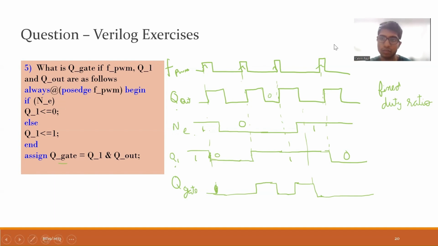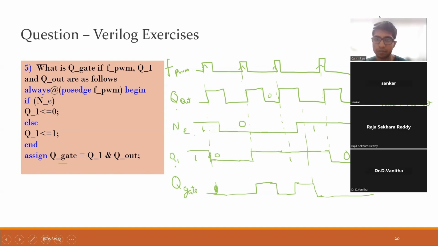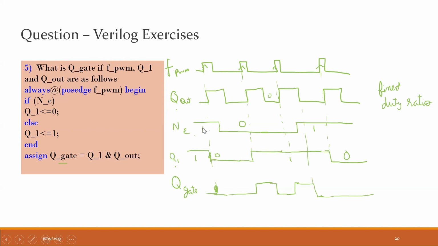So this actually represents pulse skipping modulation. Okay, when my error is 1, that is my V reference minus V out, which is my NE. NE is V reference minus V output, and this is the sign bit.